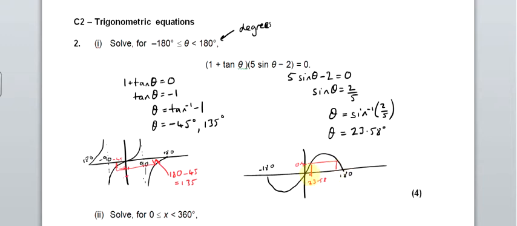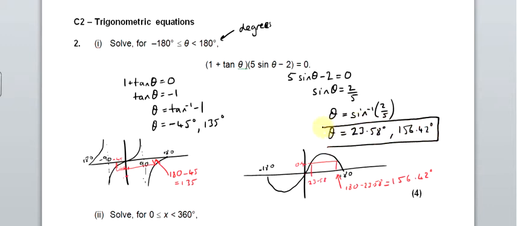And this one here, well, that's 23.58 on. This is going to be 180 minus 23.58, which is 156.42. That's our other solution. So 156.42 degrees. So that seemingly innocuous little question had 4 distinct solutions.